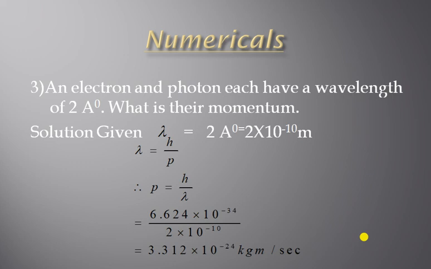So p equal to h upon lambda, where lambda is the wavelength and h is Planck's constant. By substituting the values of h and lambda, we get the value of p as 3.312 into 10 raised to minus 24 kilogram meter per second. This p is nothing but the momentum.